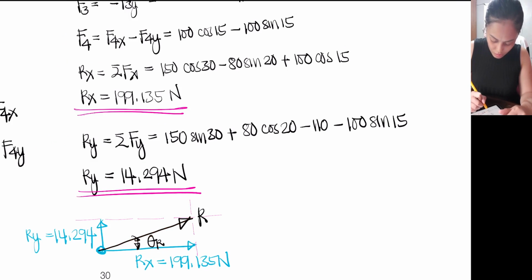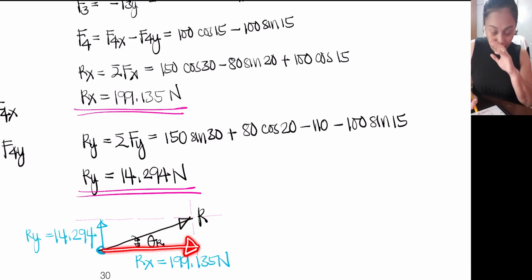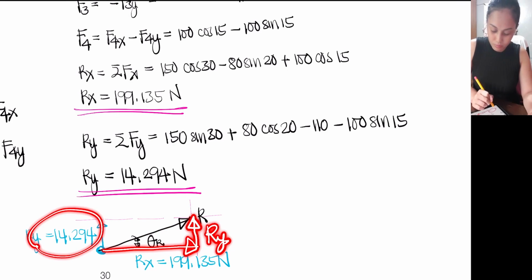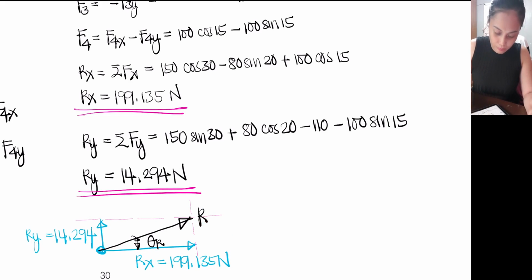Here is Rx, and here is Ry, which is this value. To solve for R, let's use the Pythagorean theorem.